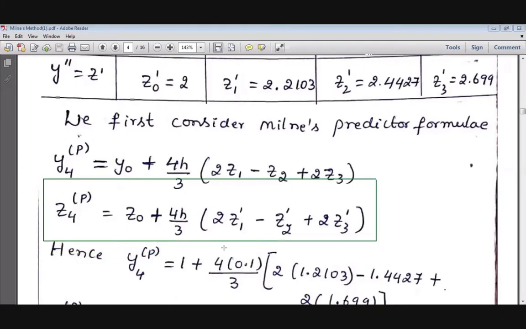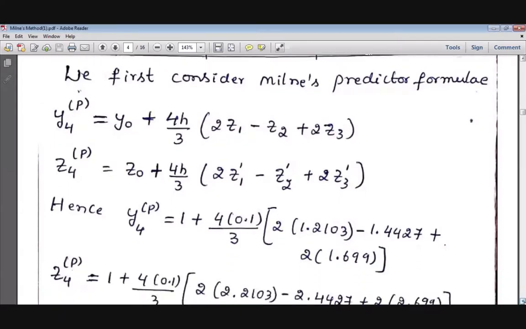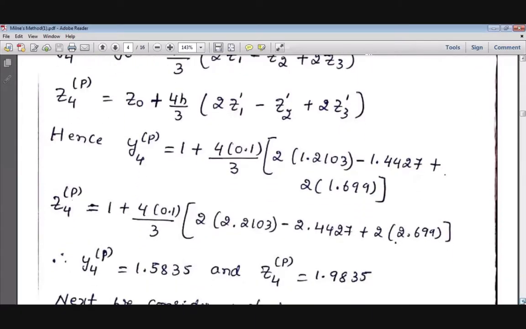Then here we will write these terms in terms of z. Only that is the difference, and that one is included in the second order ODE. H is also same. Substitute all the things. You will get y4 of p as 1.5835 and z4 of p as 1.9835.